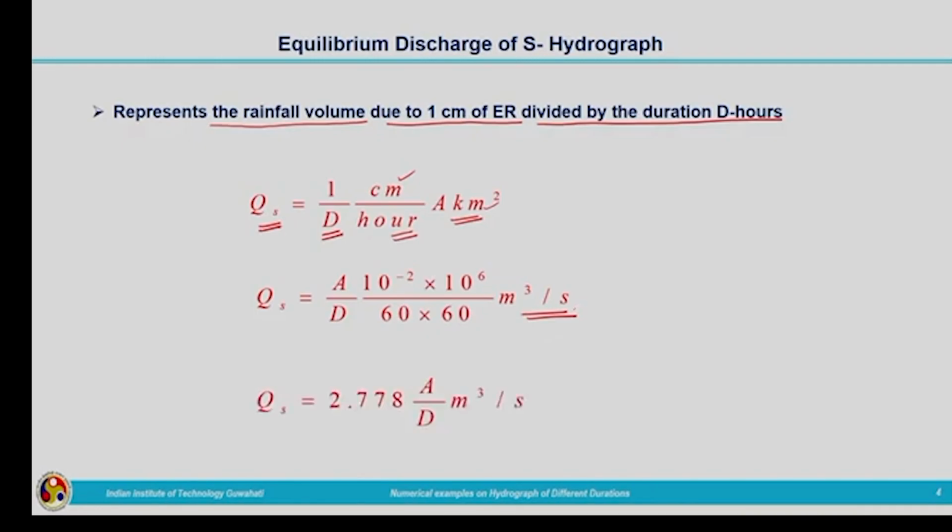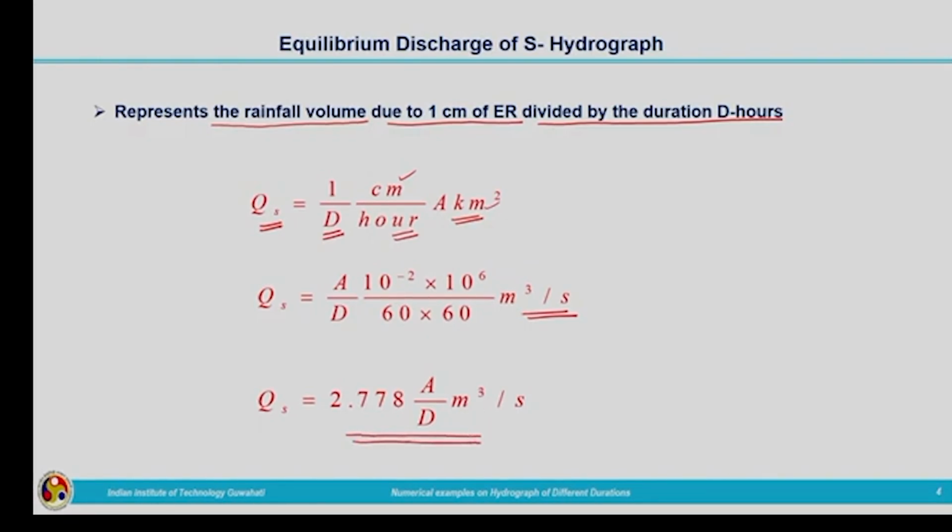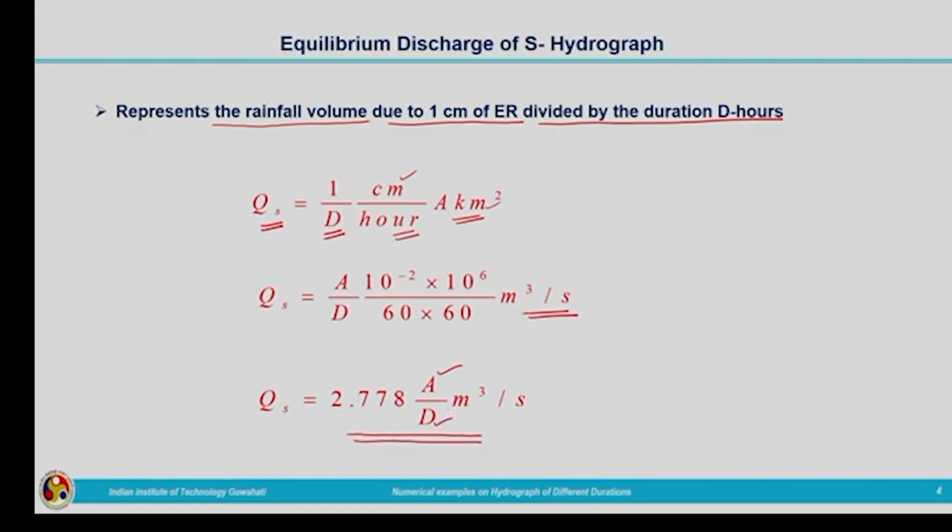So, it will take the value of 2.778 A divided by D meter cube per second, where the area is in kilometer square and D is in hours. You can calculate the equilibrium discharge attained by the S-Hydrograph by using this formula. You do not have to memorize this; you can conceptually understand how it is derived.